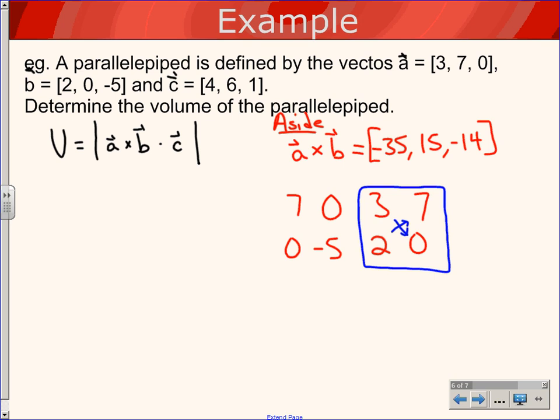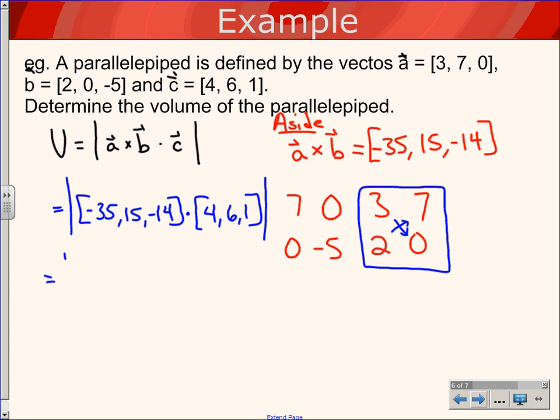I can maybe fill that in back here now. It's going to be the magnitude of A cross B is minus 35, 15, minus 14. And then I have to dot product that with vector C, which is 4, 6, 1. So I'm going to leave those absolute value signs out. Remember, those are actually representing absolute value this time, not magnitude. Because when I do the dot product, I'm just going to get an answer, and I'm going to get a number.